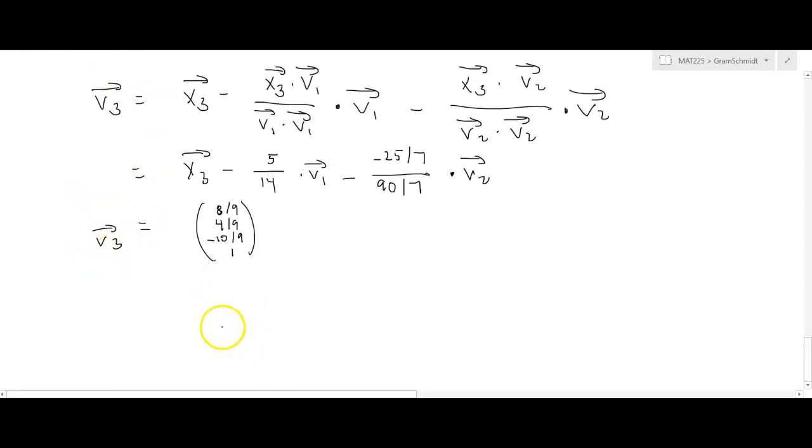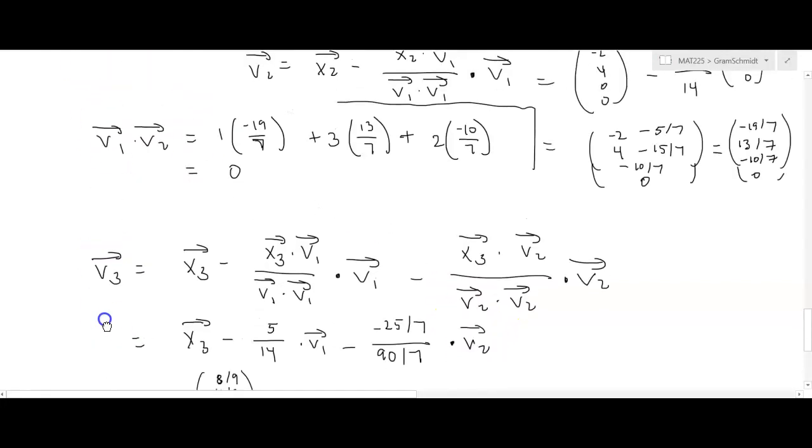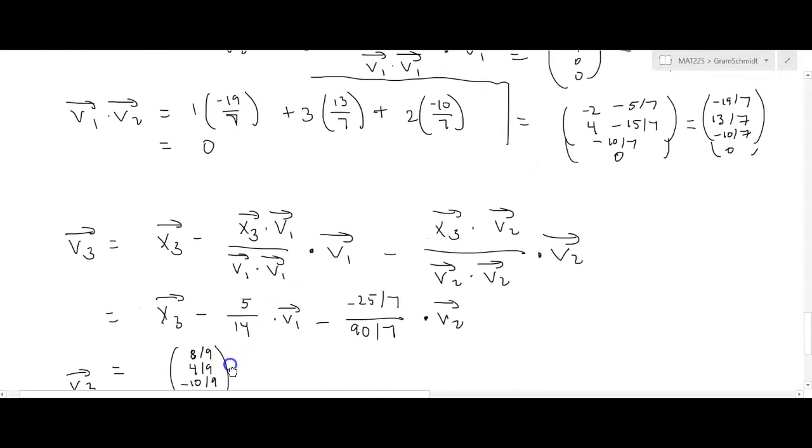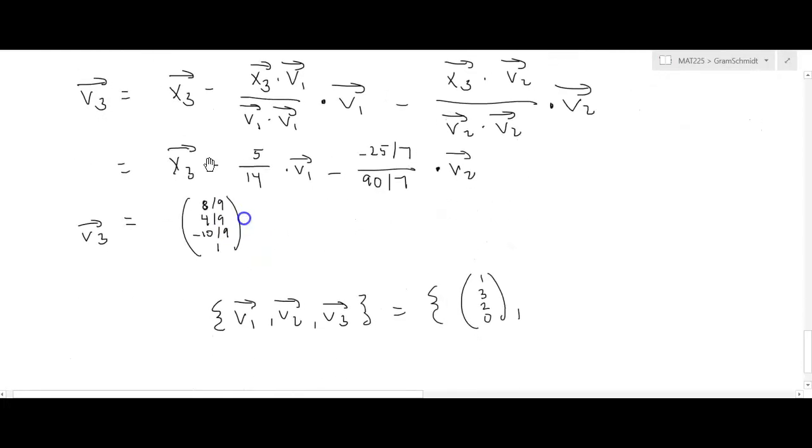And so now we have our set of v1, v2, and v3. Just recall that v1 was the same thing as x1, so that was the (1, 3, 2, 0) vector. The second vector that we achieved was v2, which was negative 19, 13, negative 10, and these were all sevenths, and this was 0.